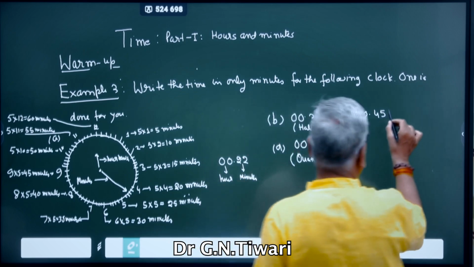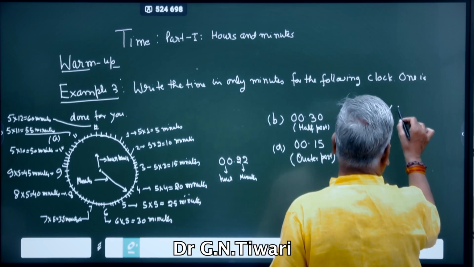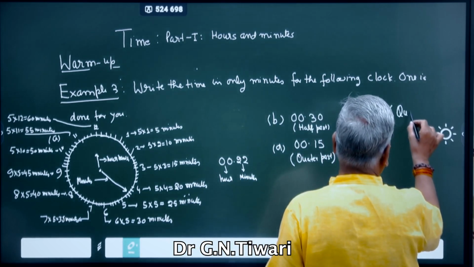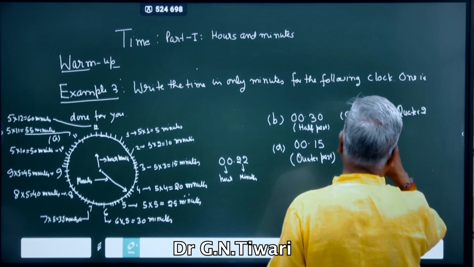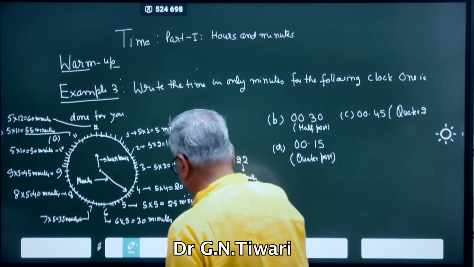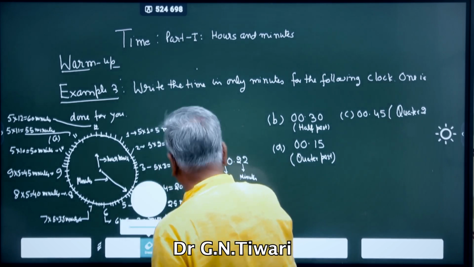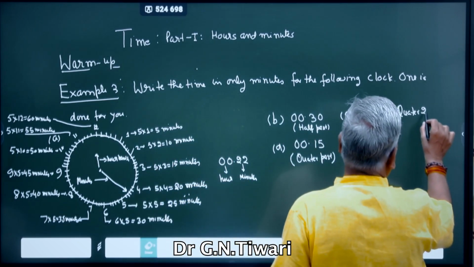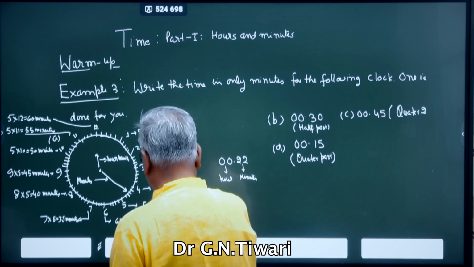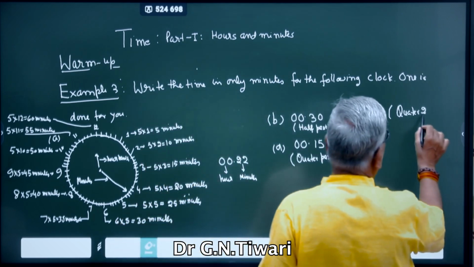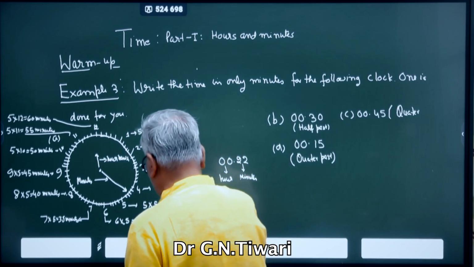If it is 45, quarter to. Sorry, ये 2 नहीं होता है, ये क्वार्टर 2 ऐसे होता है.